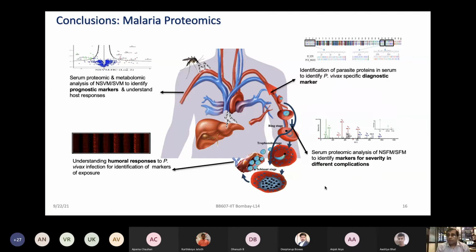And a lot of novel insight we could obtain, looking at new diagnostic biomarkers, how disease progresses, the immune response from population screening, as well as the unique signatures of different complications in severe falciparum or severe vivax malaria. So much of this information could be obtained in rather a short time using these technologies, and that's where you can see the power of these big data sets and how to utilize these technologies to address some meaningful problems of interest. So I'm stopping here.